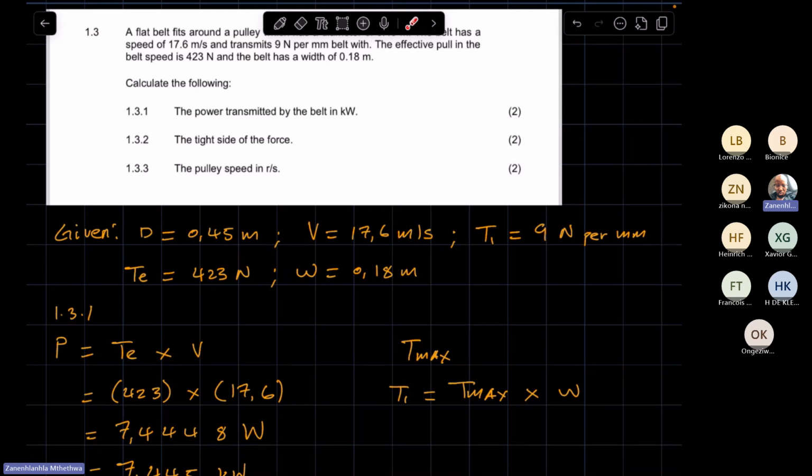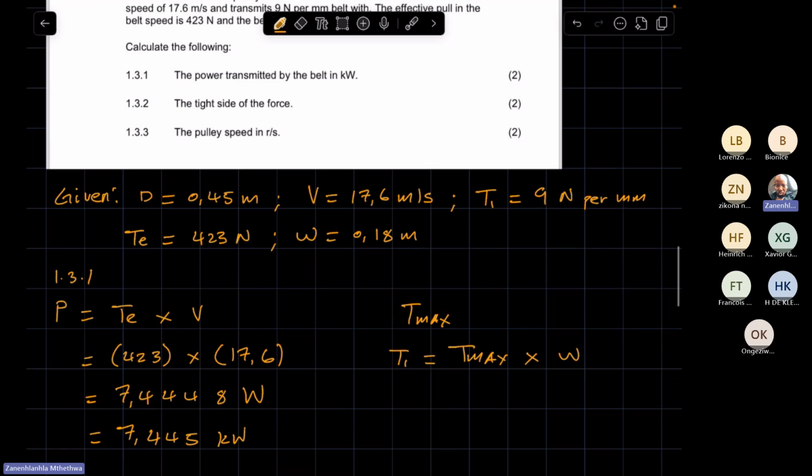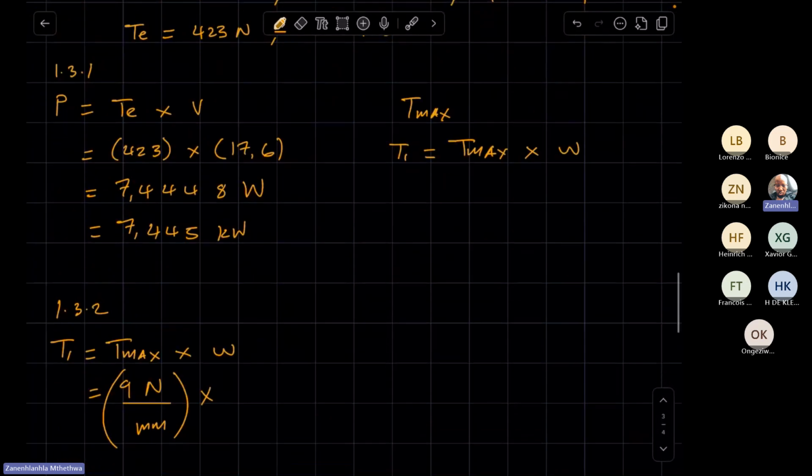To convert from meters to millimeters, you multiply by 1,000. To convert from millimeters to meters, you divide by 1,000. So seeing that we are converting from meters to millimeters, we are going to multiply by 1,000. So what is 0.18 times 1,000?